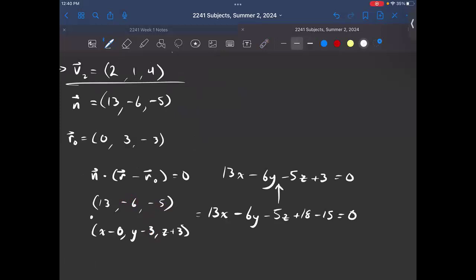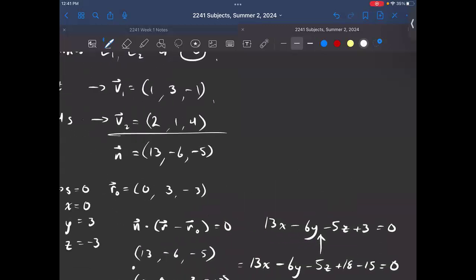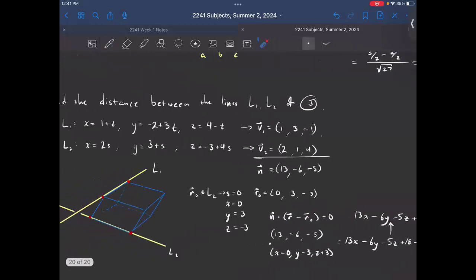All right, so now we have a plane, and the other thing that we need is a point on the line L1. Again, the easiest way to do this is just to set t equal to 0 up here.